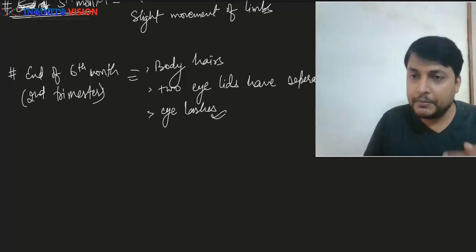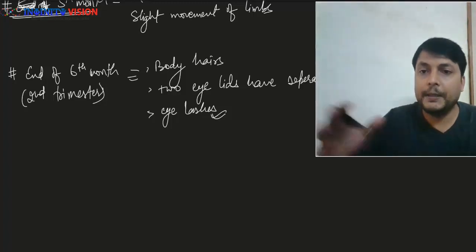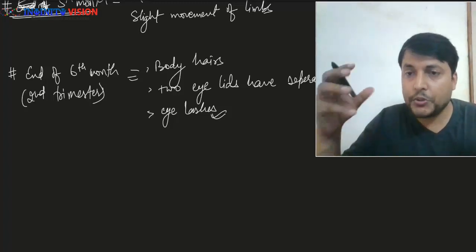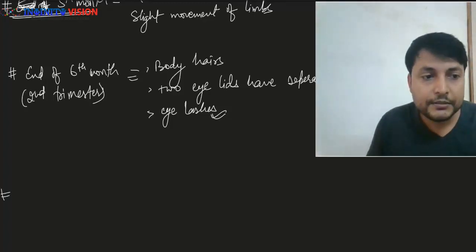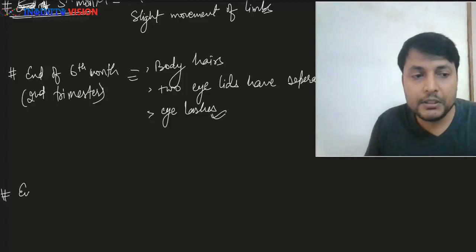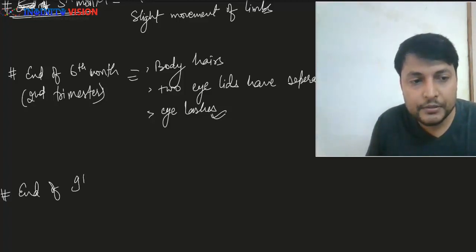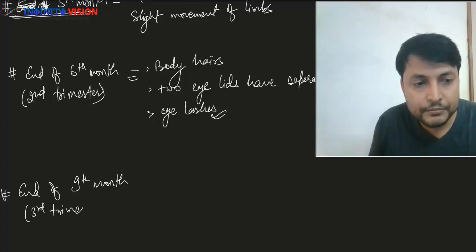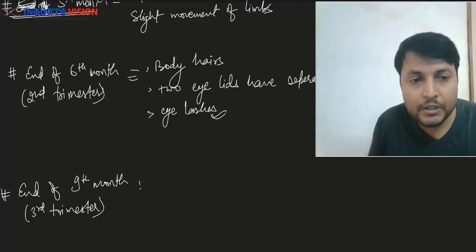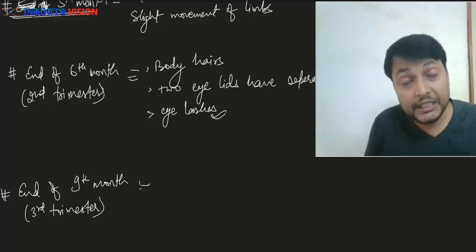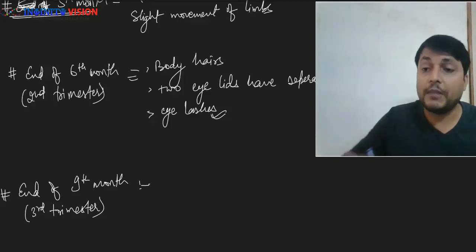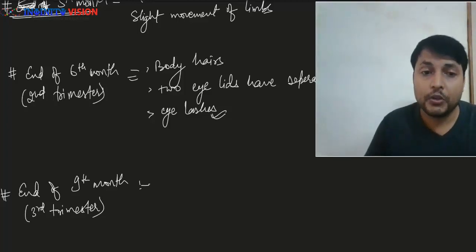Now after the 6th month, the 7th month, 8th month, slowly the body of the fetus grows. And as the 9th month is completed, the end of the 9th month, that is the third trimester, the pregnancy is complete, and the fetus is ready to come out of the womb.